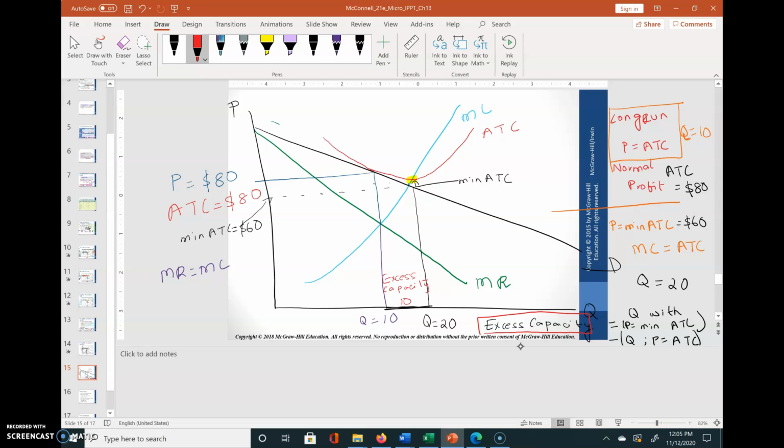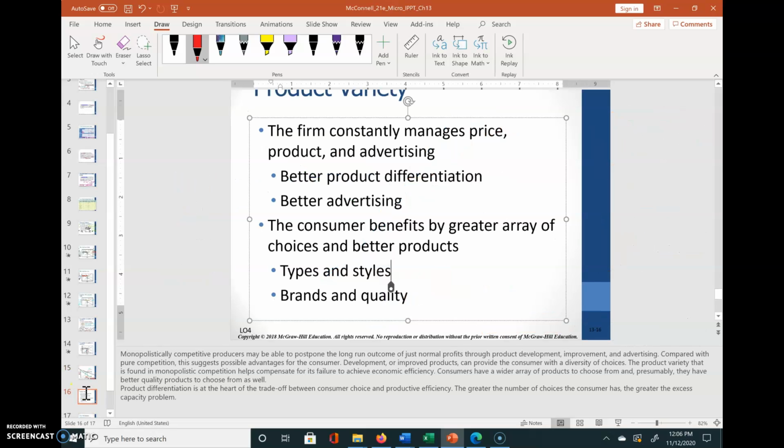We have the higher cost because of product differentiation and advertising, but we have to remember this also creates an increase in demand, and if this increase in demand can compensate for the additional cost, then the firm will be in a profitable position.